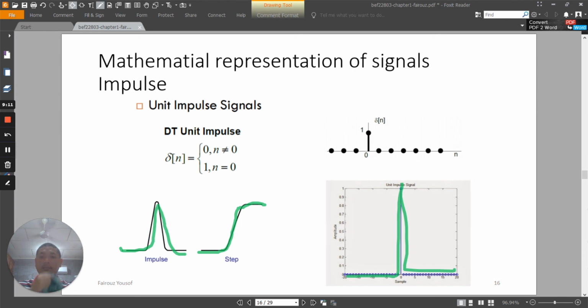It can be written as delta of n, in which for n other than 0, it is 0, but for n equals 0, it is 1. So the value is only 1 at n equals 0. Other n values than that are 0.